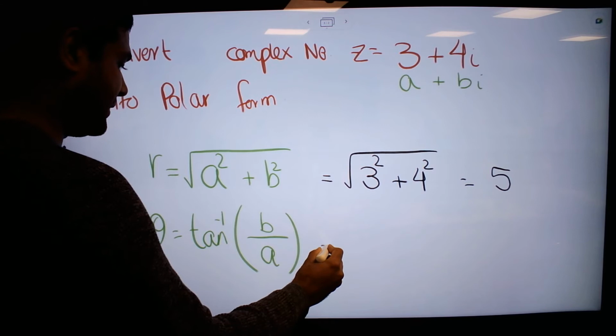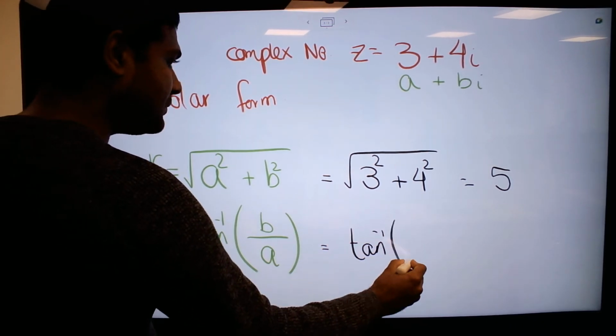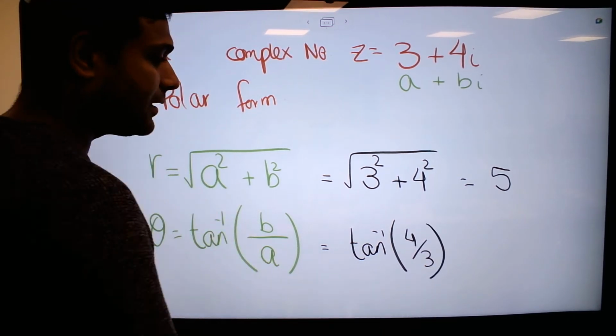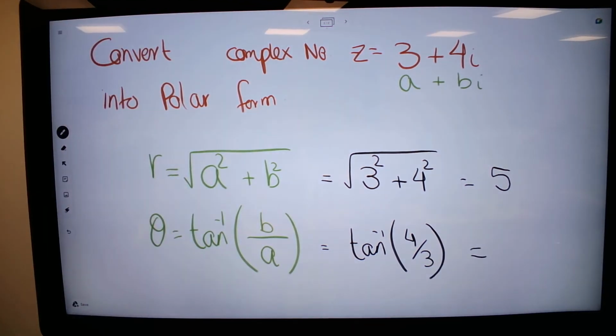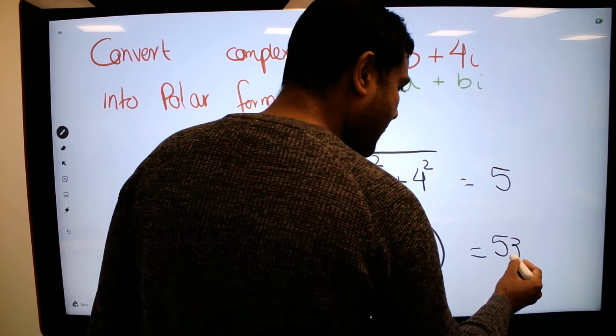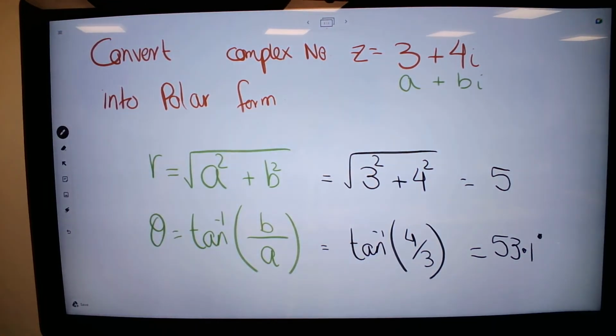And now I want to find the theta. So tan inverse of 4 over 3, and I will have my value for theta, in degrees. So theta is 53.1 degrees.